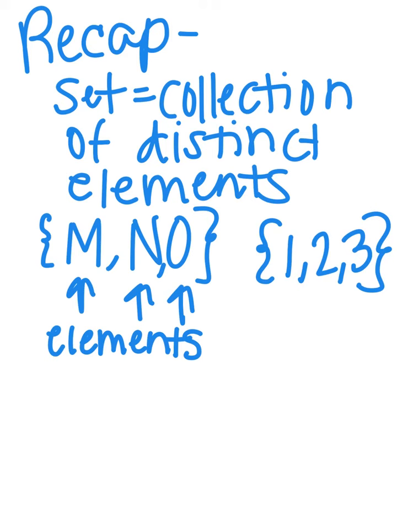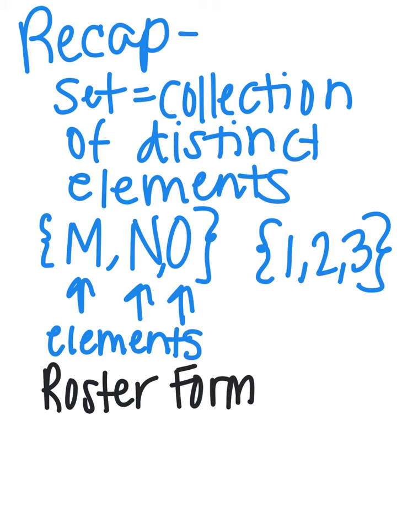I also want you guys to remember that roster form is a way to write a set. So these two examples that I gave you are how we write a set out.